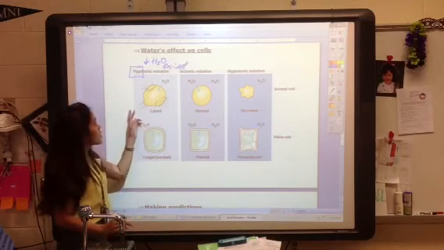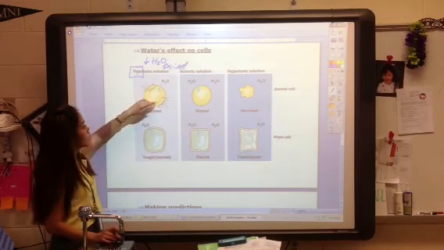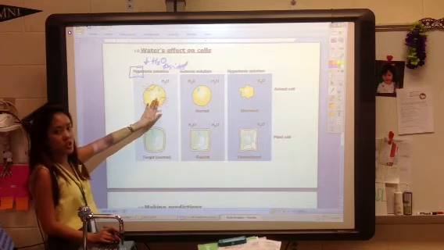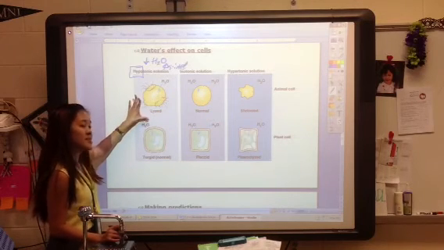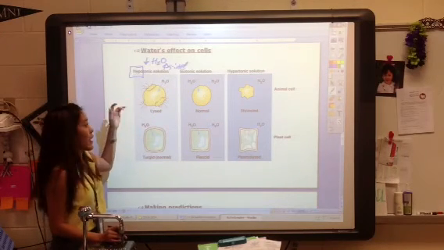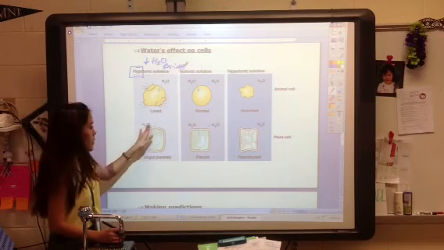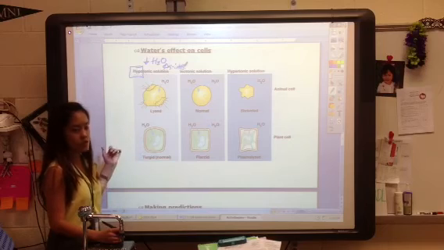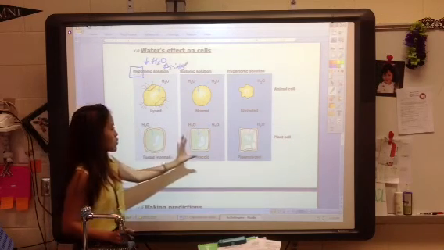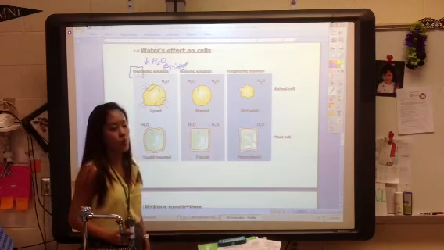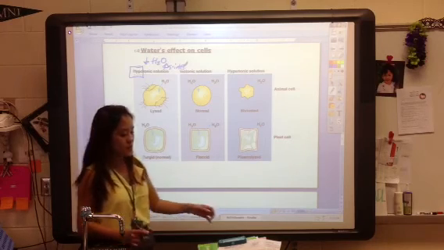And so you want to think about what's going to happen. Well, in this image, they're showing you that the water's rushing in. And what's the effect of that? Well, the animal cell can actually lyse or break. With the plant cell, it's going to be a little different because they have that cell wall for extra support. So try to make those predictions on what will happen with the cell and its membrane.